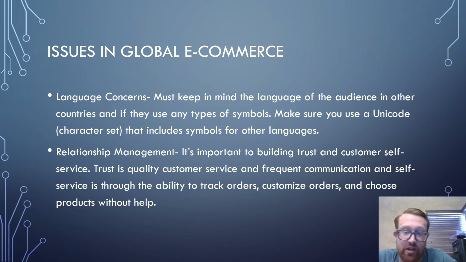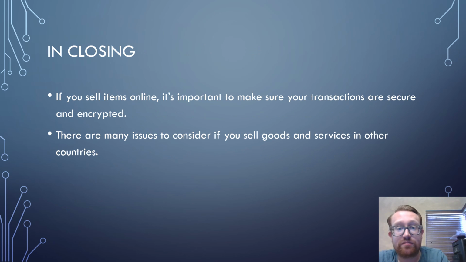Those are all important things. And you also want to be able to choose your products without any help. This means that the person can go on your website, find what they're looking for, find any necessary information, and buy it without having to talk to someone. That's important and not something that we think about, but we do almost every time we shop online now.